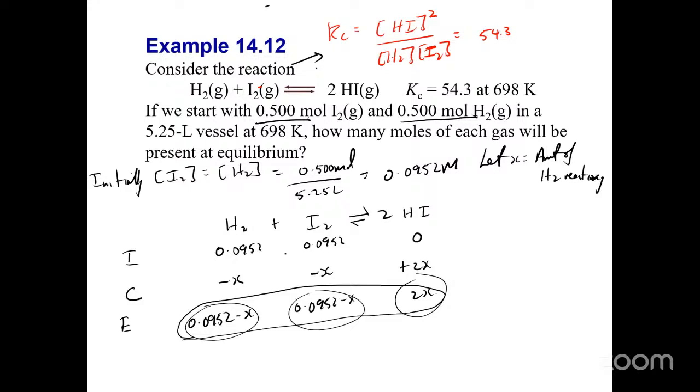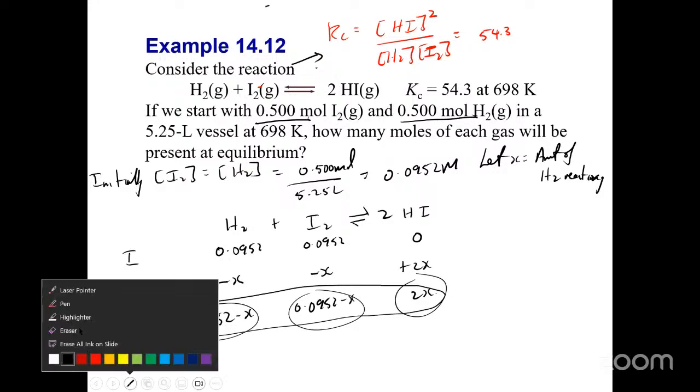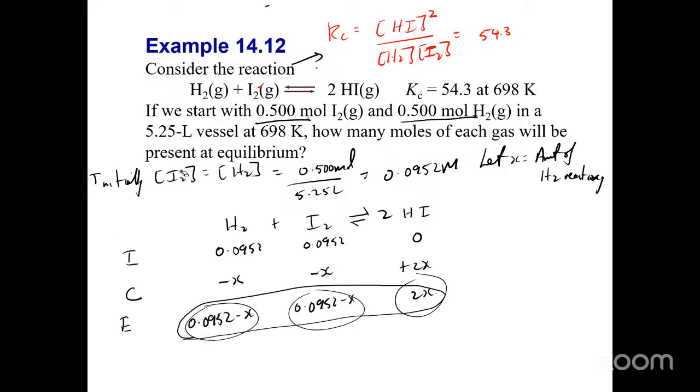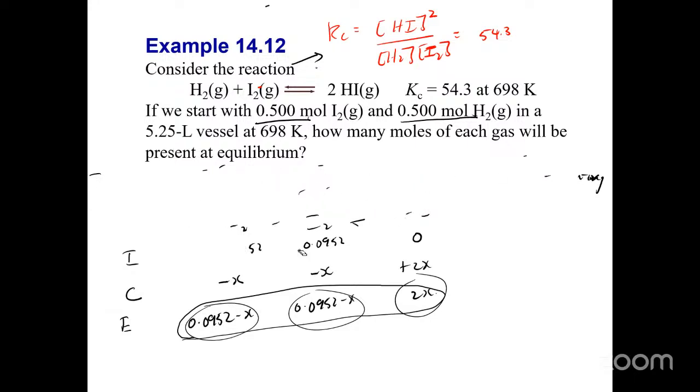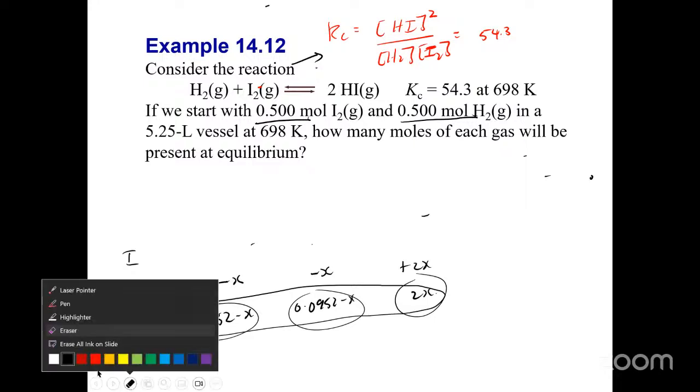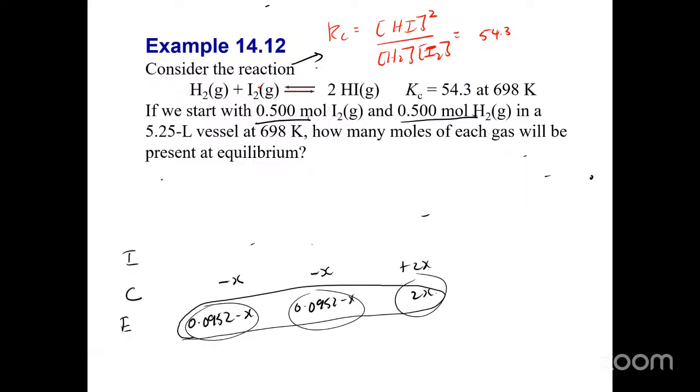Because I'm going to need space, I'm going to erase the top part here. Sorry about that. What I'm going to do up here is plug each of these terms into the Kc expression.